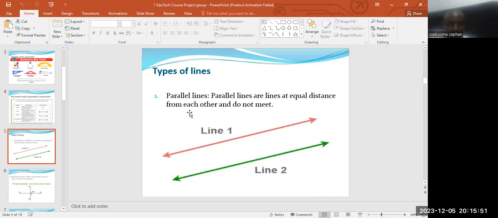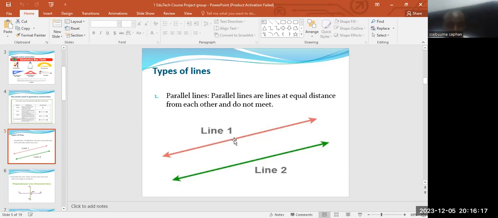But still, in this topic of geometric construction, we shall concentrate on lines, and among the lines we have types of lines, and the first one is a parallel line. A parallel line or parallel lines are lines that are at equal distance from each other and they do not meet.